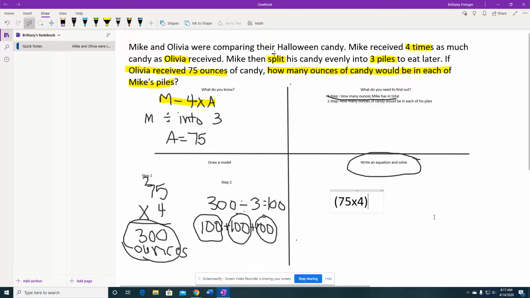Then you would add your second step. So after you solved 75 times 4, you divided that by 3. Okay, so far you have 75 times 4, and then you're going to include the division of divided by 3. Okay?